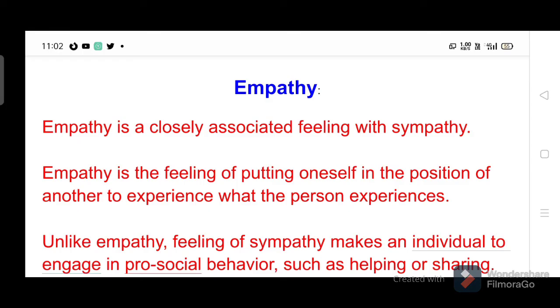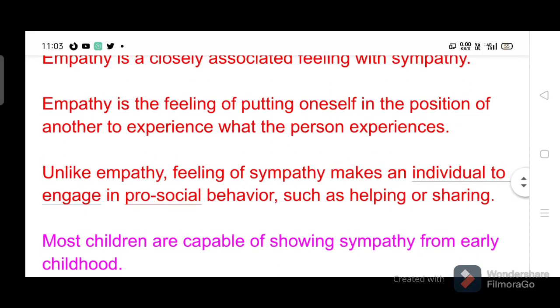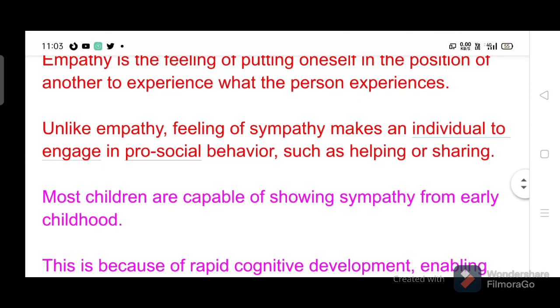That is, sympathy is the act of showing the feeling, whereas empathy is the process in which a child, or a person, tries to put himself in the position of others who are in pain, who are at loss, who are in distress, in order to experience what they are going through. This is called empathy.